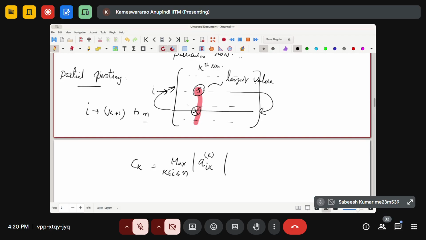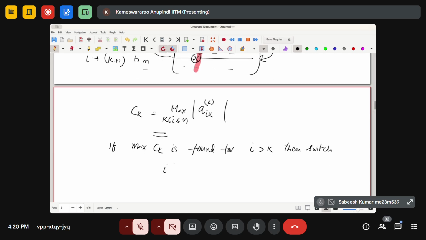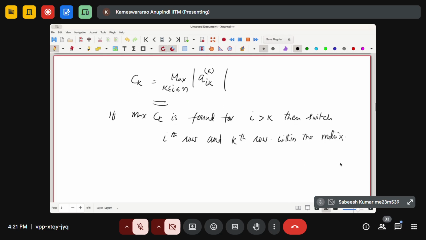That is what we're going to apply. I'm going to look from the kth row onwards and then see. And when I do this, if the maximum element ck is found for i greater than k, then switch the ith row and kth row within the matrix. Okay. So that's what we're going to do. So that is basically known as partial pivoting.